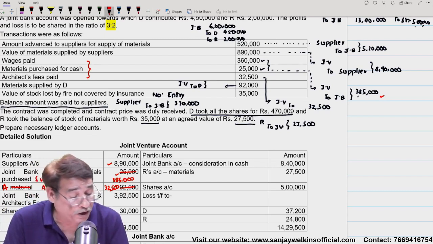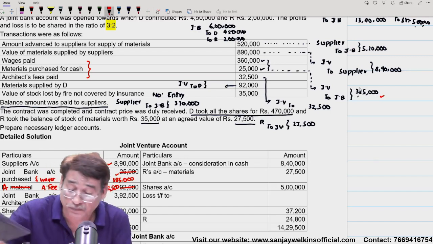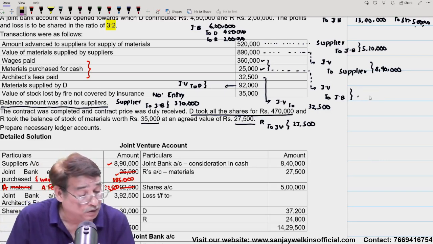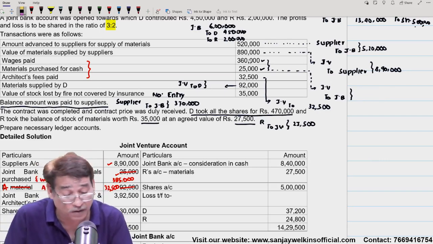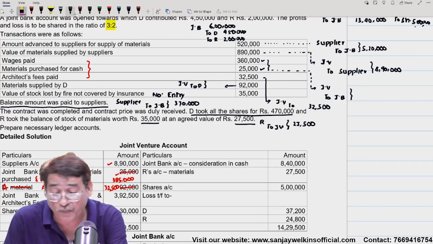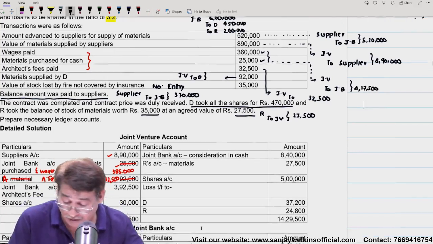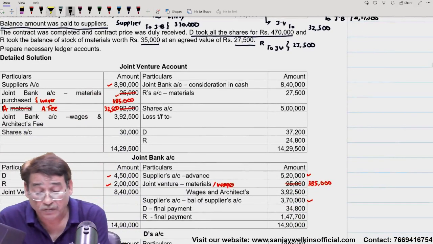Your entry joint venture account debit to joint bank, you increase it by this amount, which is 3,60,000 plus 25,000 plus 32,500, that is 4,17,500. You make it 4,17,500. No worry. Joint venture account debit to bank account. Correct?